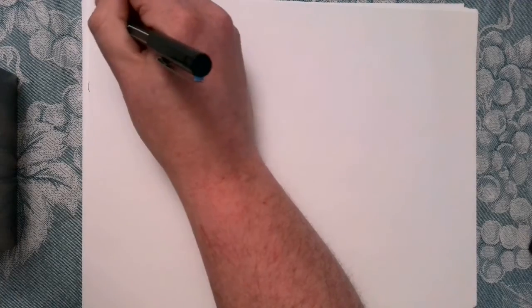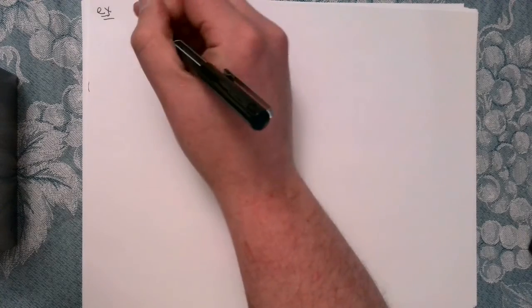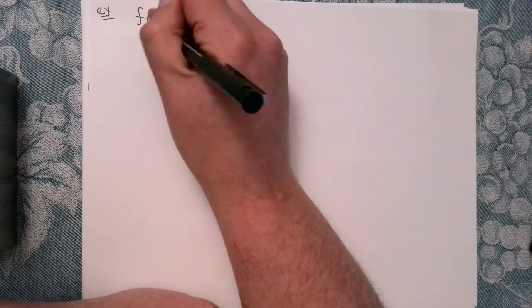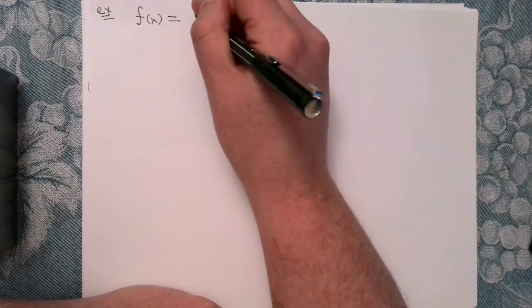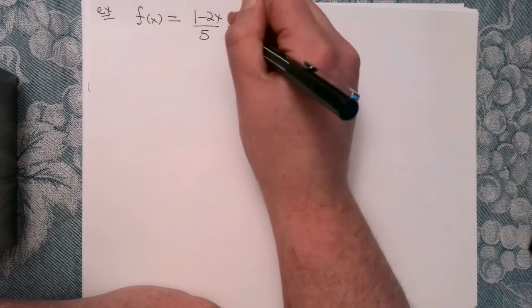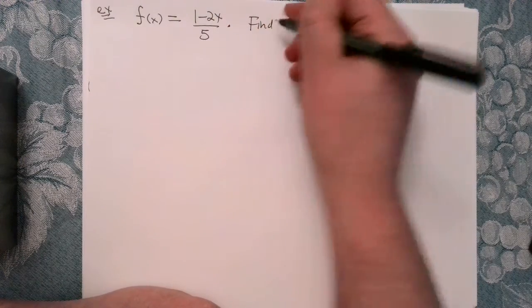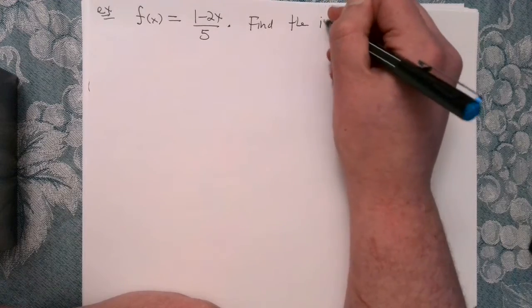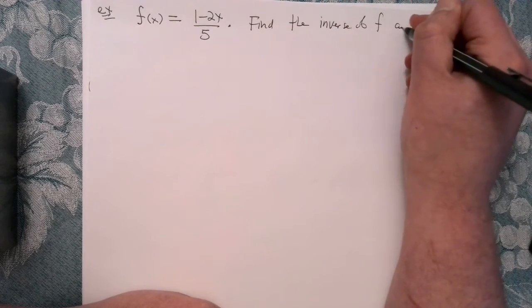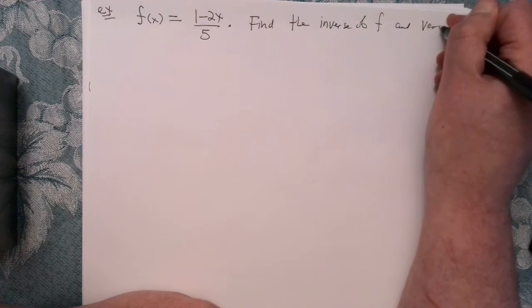So for example, we already proved that f of x is 1-to-1. Let's find the inverse and verify.